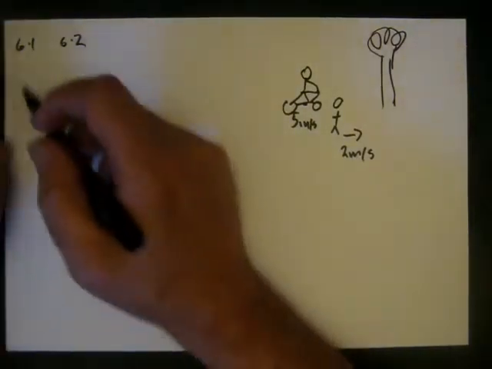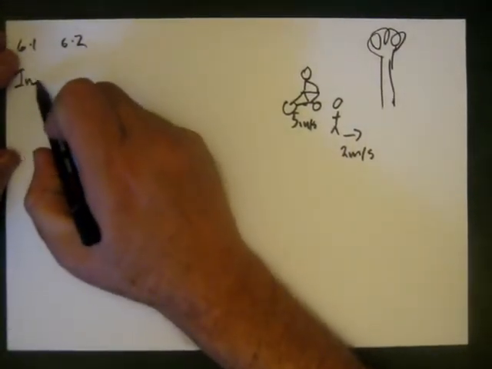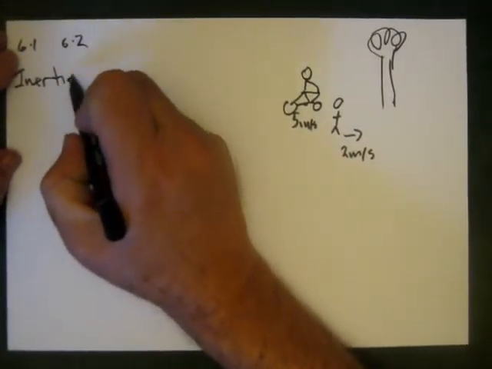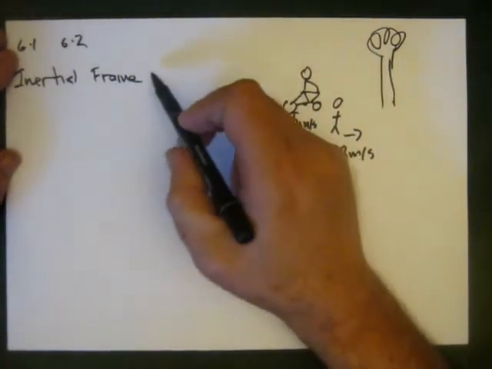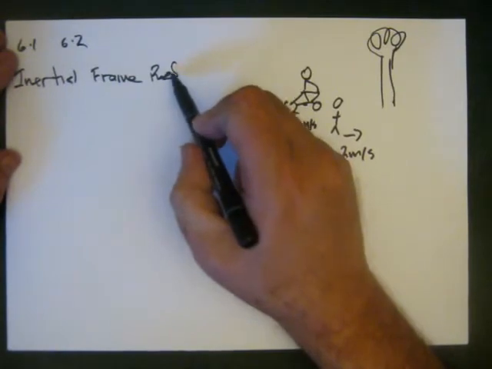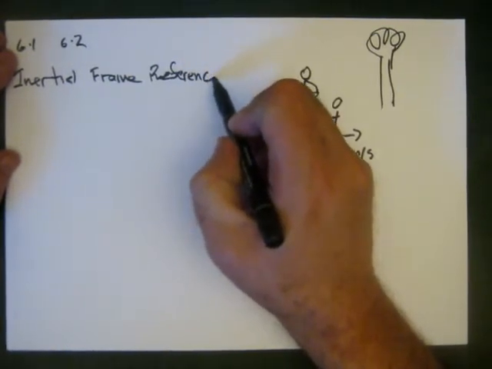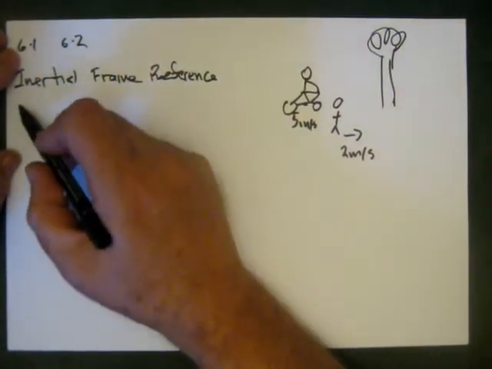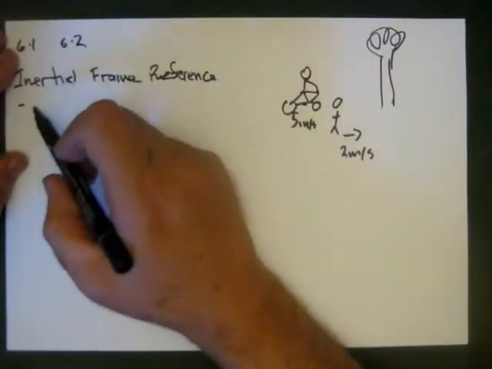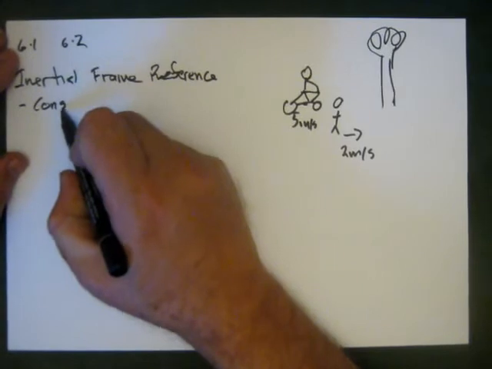Okay, so we're also going to talk about inertial frames of reference. We try and do everything, if we can, in an inertial frame of reference. There are also non-inertial frames, which we'll discuss shortly. But the thing about an inertial frame is it has constant velocity.